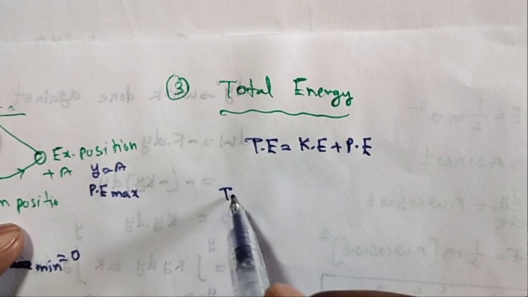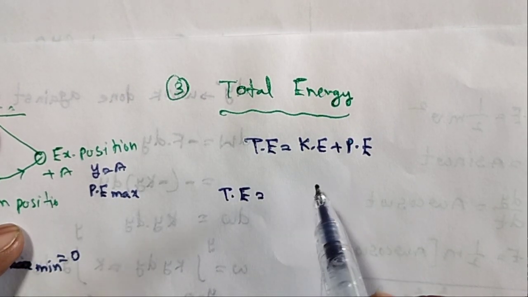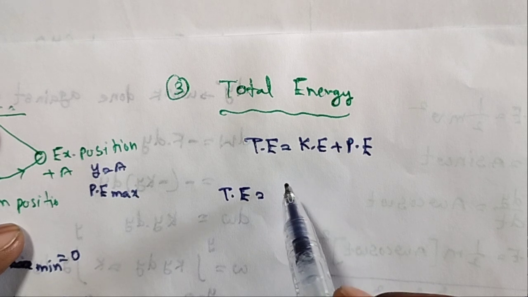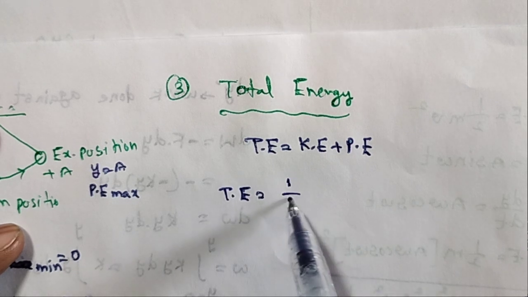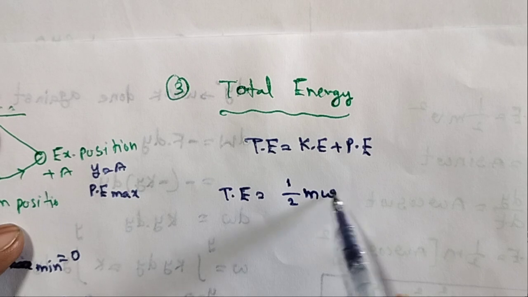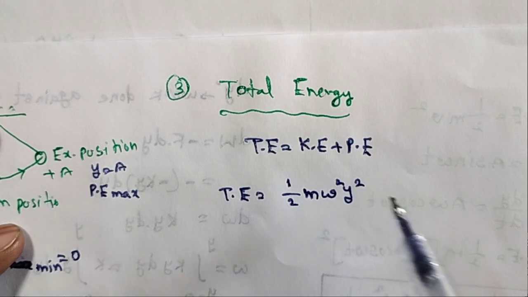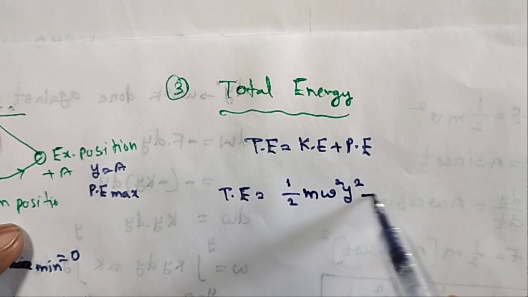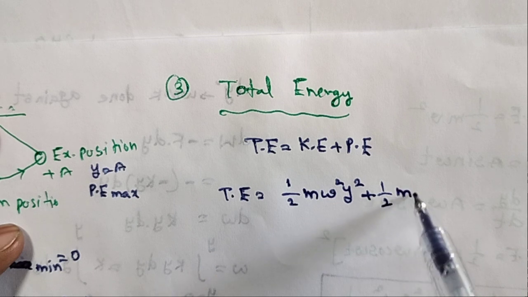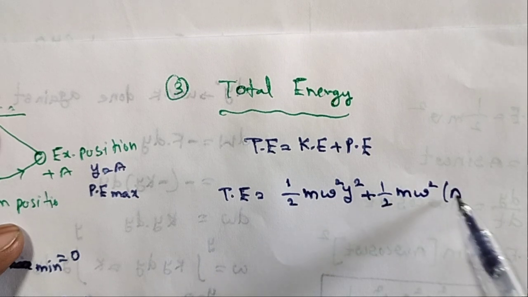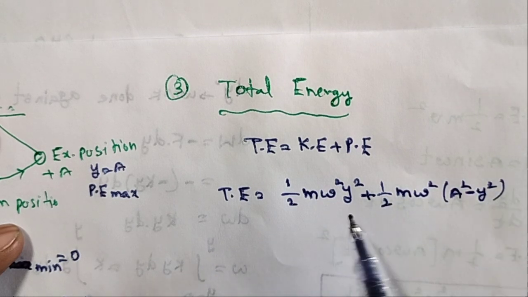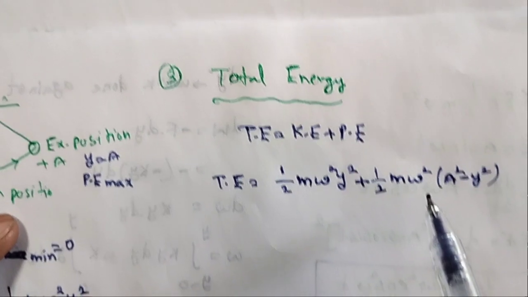So the total energy is equal to, here I am taking two formulas. One is the kinetic energy, 1 by 2 m omega square, a square minus y square, plus the potential energy, 1 by 2 m omega square y square.